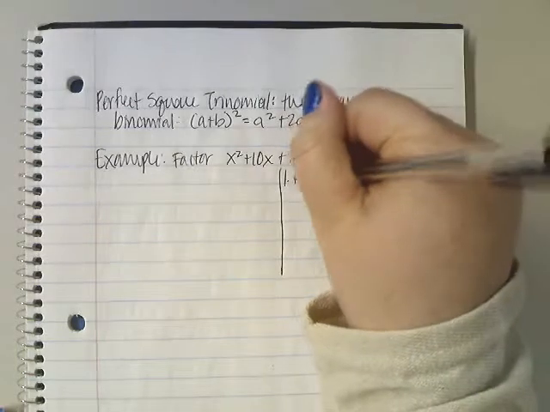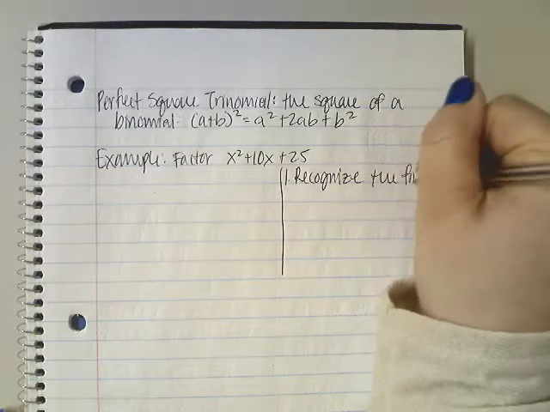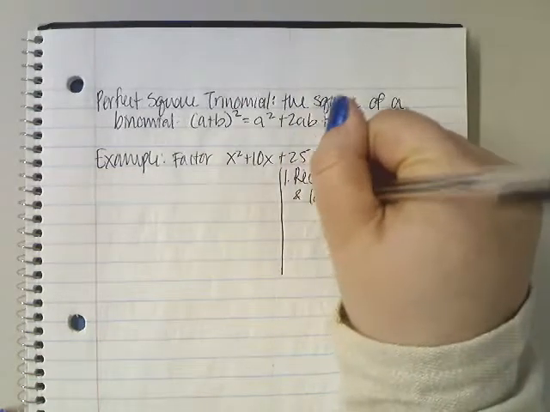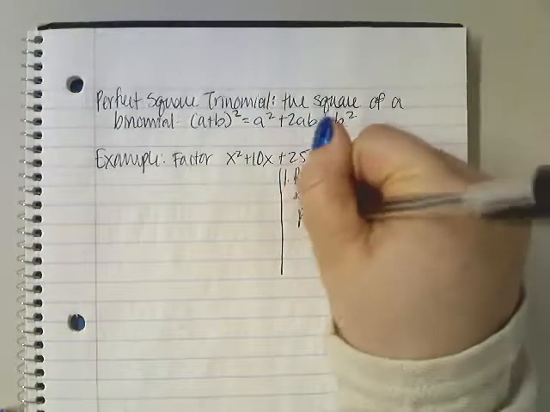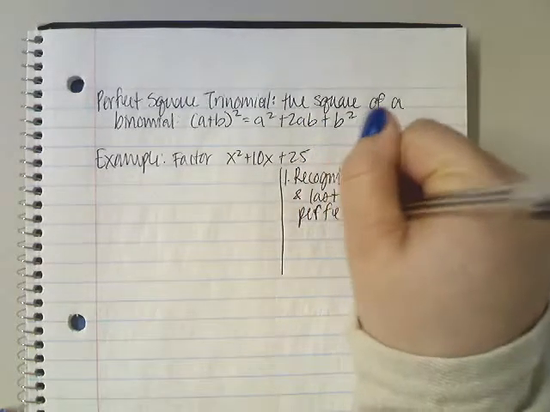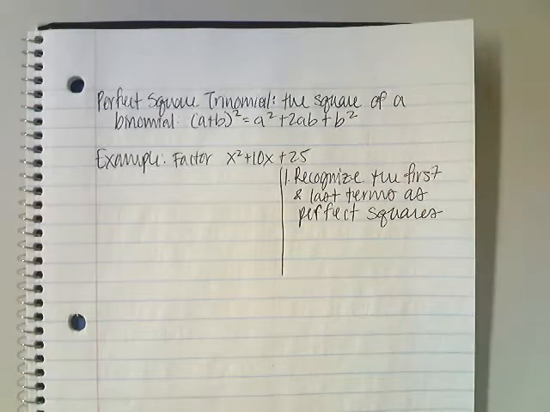So you recognize the first and last terms as perfect squares. So I know that x squared is a perfect square and 25 is a perfect square.